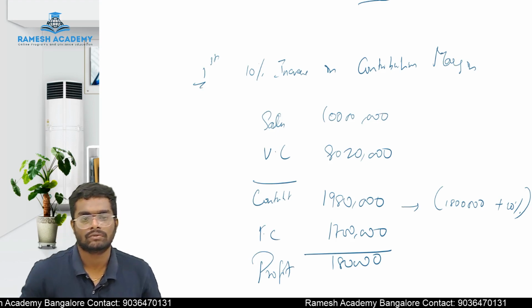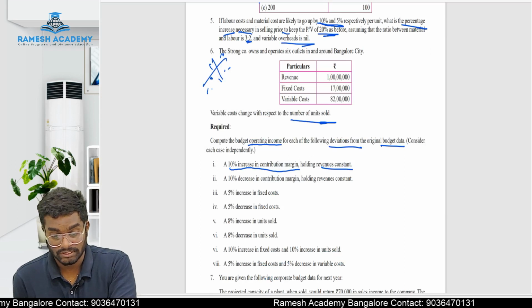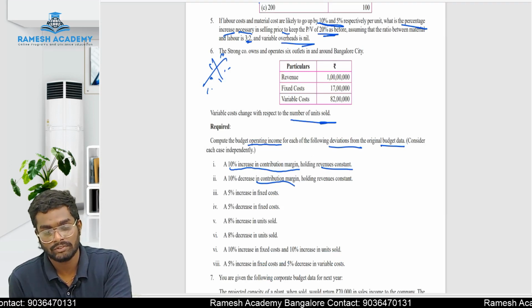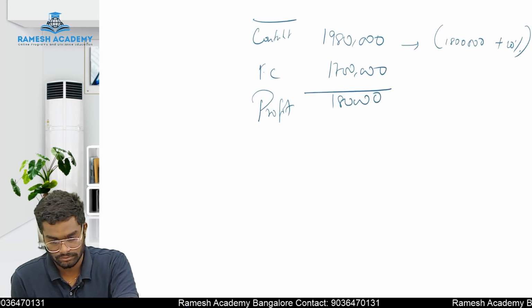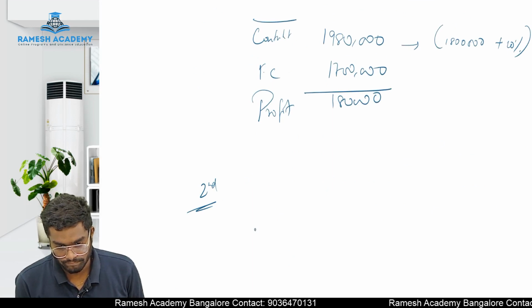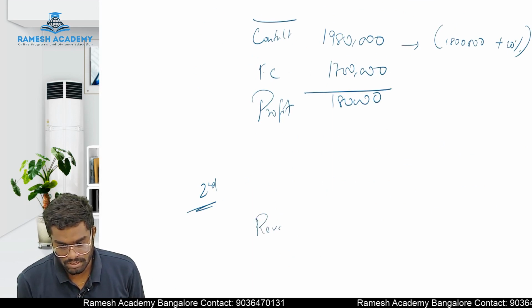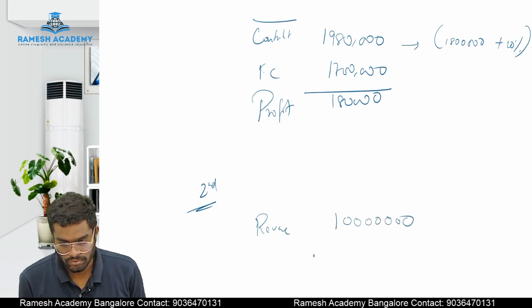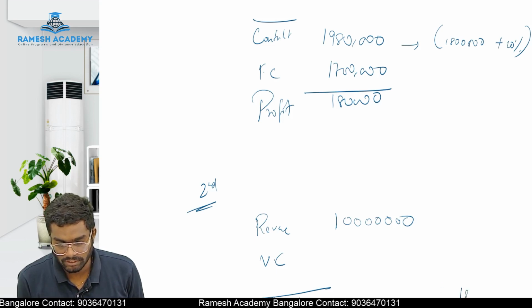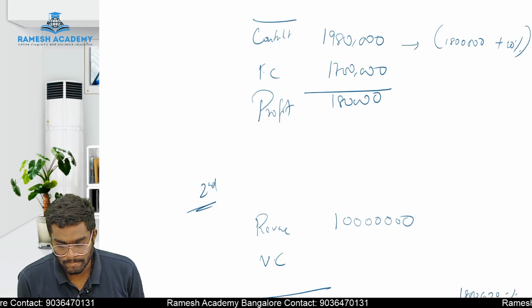Okay, so we'll see the next scenario, that is a 10% decrease in the contribution margin, holding revenue constant, which means now variable cost is increasing. So simple. Second scenario, revenue 1 followed by 7 zeros. VC will be increasing. Contribution will be reduced by 10%. So take in your calculation 18 lakh minus 10%, 16 lakh 20.